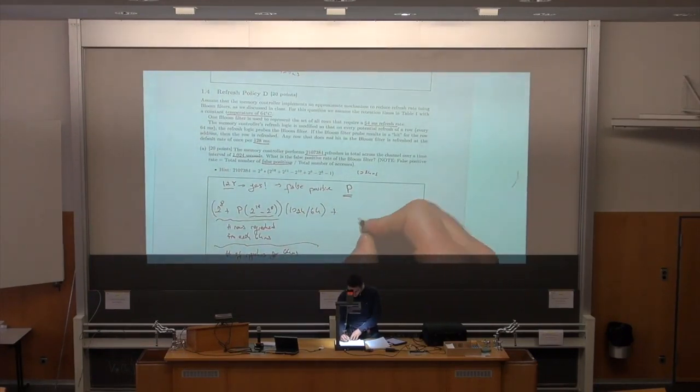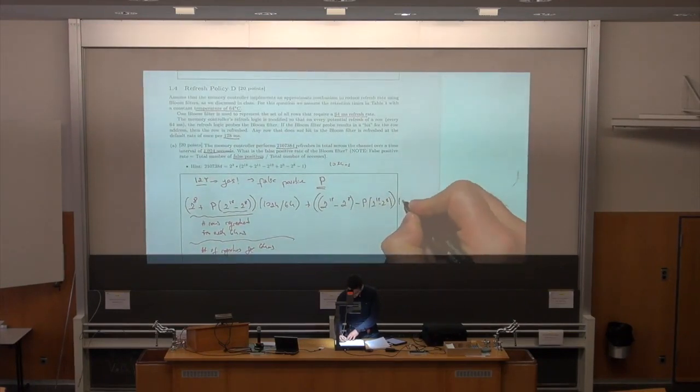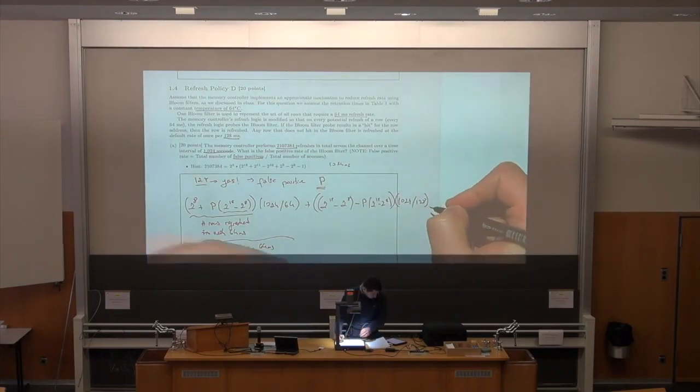Plus, we also have 2 to the 18 minus 2 to the 8, multiplied by, I guess, yeah.